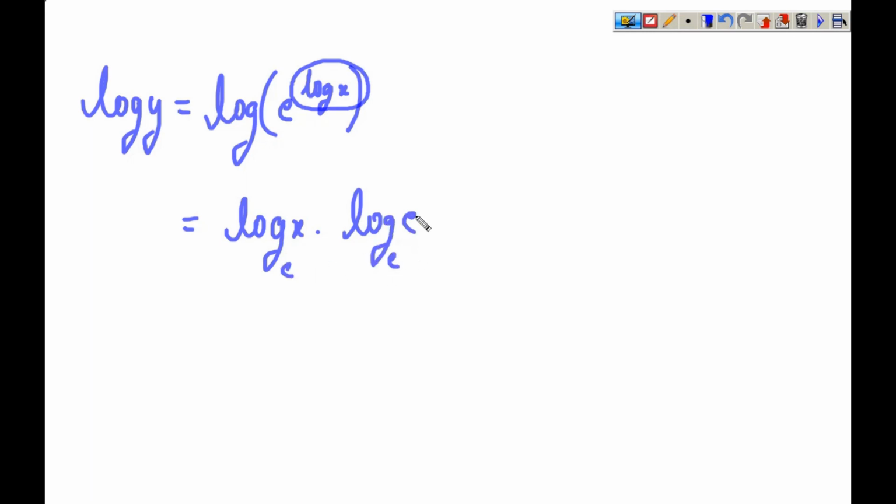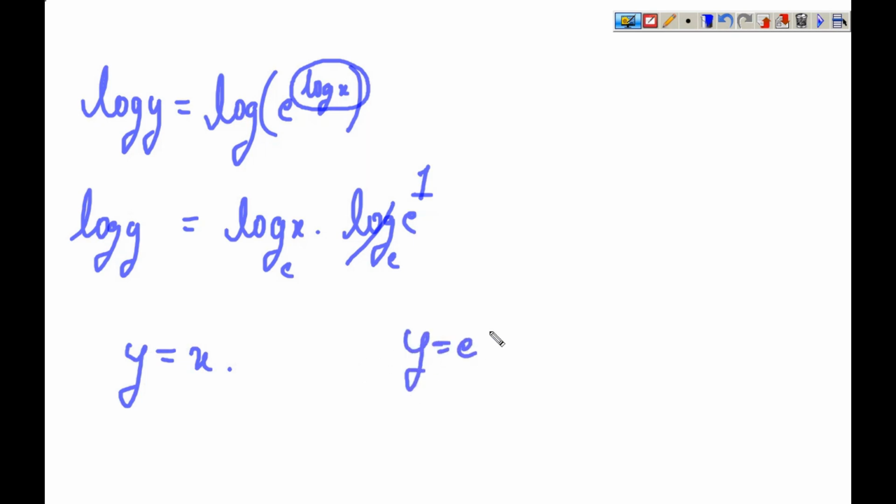So log to the base e of e will be equal to 1. Therefore log y is equal to log of x, which implies that y equals x, and we had already put y as e raised to the log of x, therefore e to the power log x equals x.